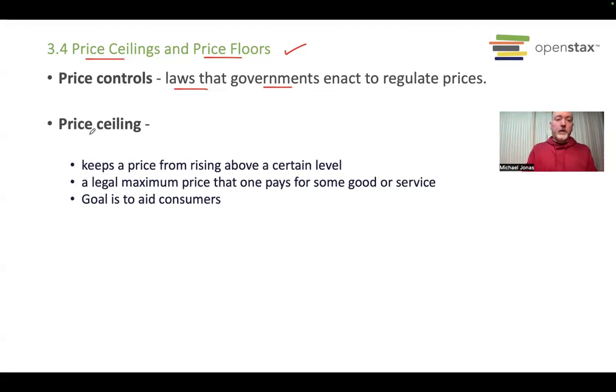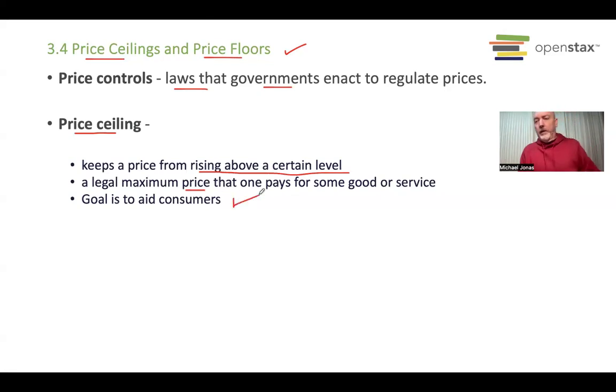A government can enact a law that acts as a price ceiling, which operates as designed. A ceiling hits a maximum. You can't go above the ceiling. So it keeps the price from rising above a certain level. The market says prices should keep rising. The government says, no, we're not allowing that. So a legal maximum price.